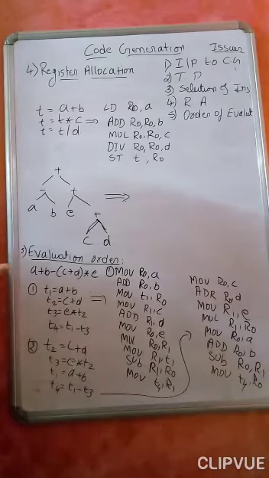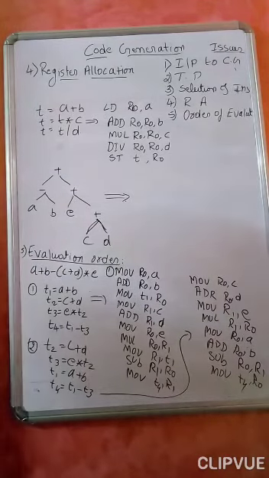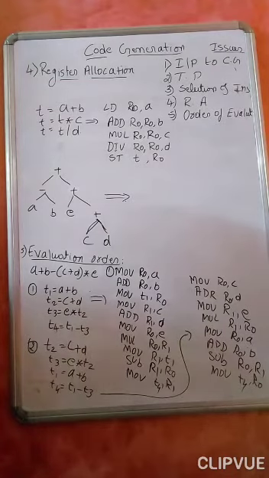Wherever possible, better to use only one register and complete the operation. If it is unavoidable, then I can use one more register, R0 and R1, like that. Don't use different registers unnecessarily. Only if unavoidable should we use more registers; otherwise we can complete our operation with fewer registers.